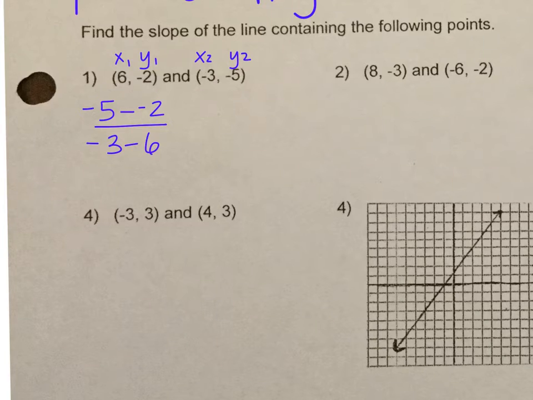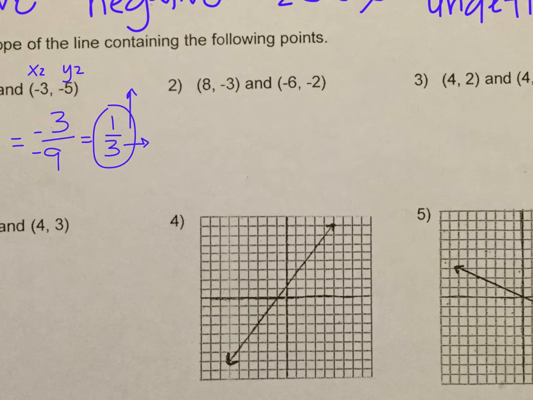You may do negative 5 minus negative 2, or you can say negative 5 plus 2. Either way, put that in your calculator, or do the math, you'll get negative 3 over negative 9. When you reduce that in your calculator, you come up with 1/3. That means you will rise 1, go up, and then you'll go over to the right 3.